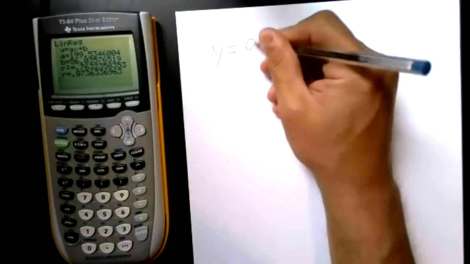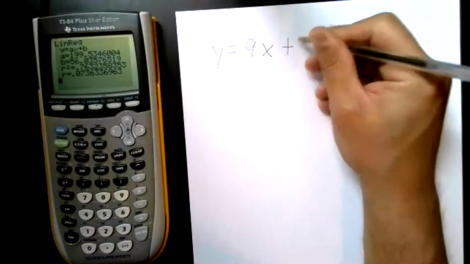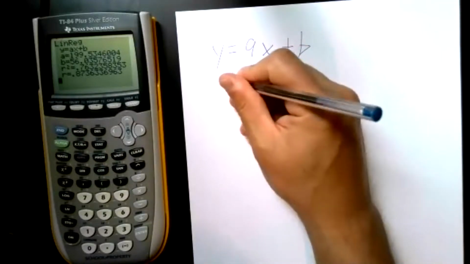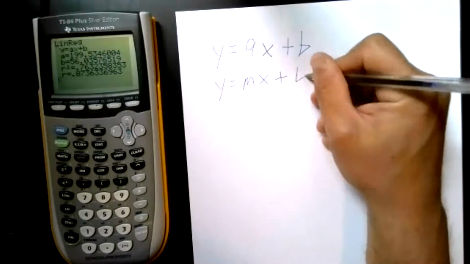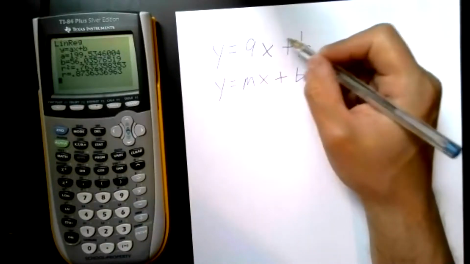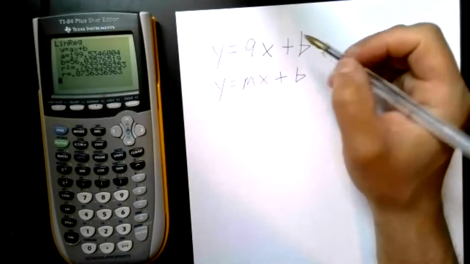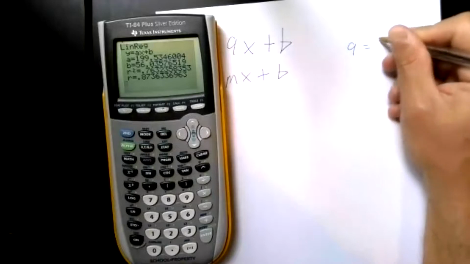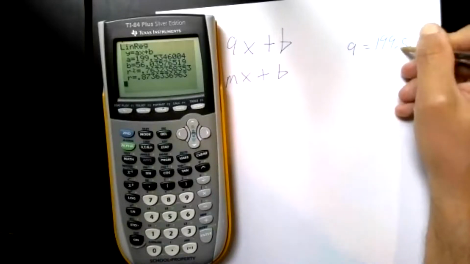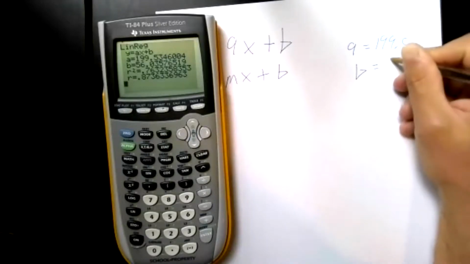The calculator gives Y equals AX plus B, which is similar to Y equals MX plus B. This is just the way our calculator expresses this. So on the calculator screen, we have A equals 199.5, B equals 56.